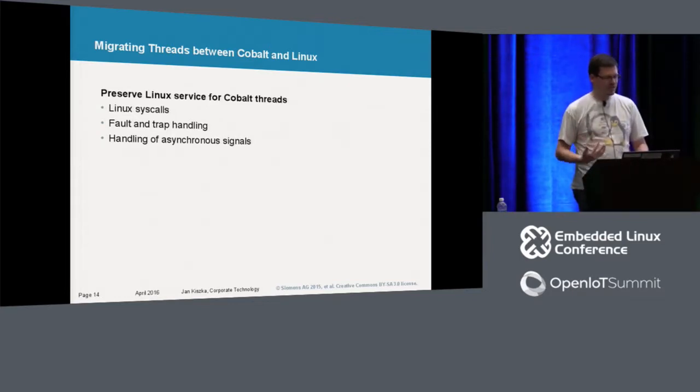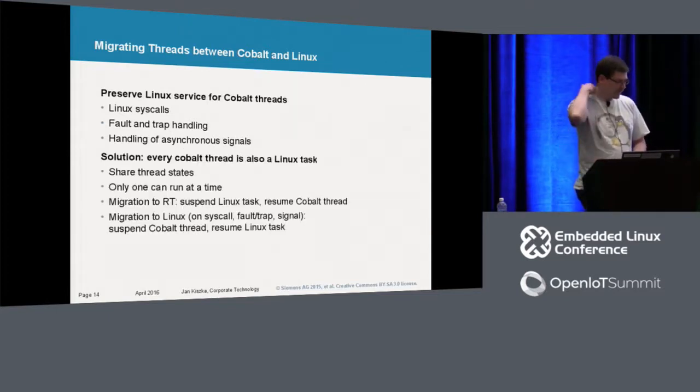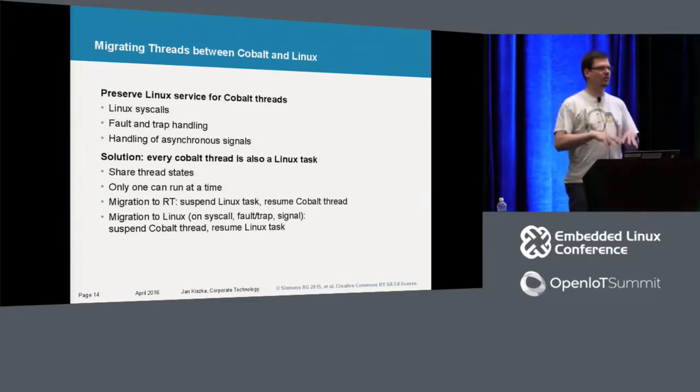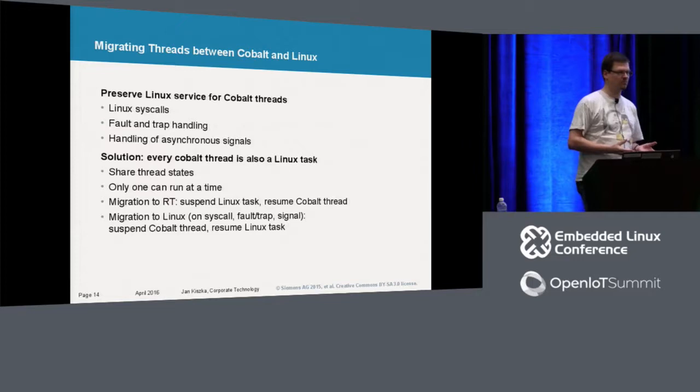Well, in the end, what we need basically is that a task can migrate between both worlds. It should be able to run on the Linux scheduler, and it should be able to run on the real-time scheduler. Not at the same time, but mutually. So basically that means if you create a real-time task in your application, you create this over a normal Linux task.